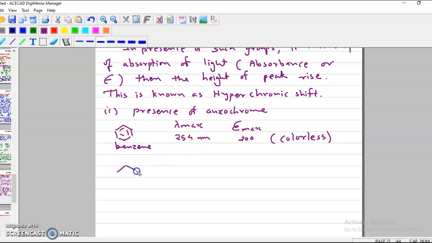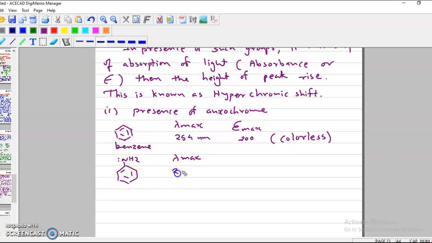Now we will take aniline. Because of presence of NH2 group and lone pair on NH2 group, nitrogen, the resonance increased which will stabilize the molecule. NH2 itself cannot give color to the compound, but chromophore is getting more and more conjugation.